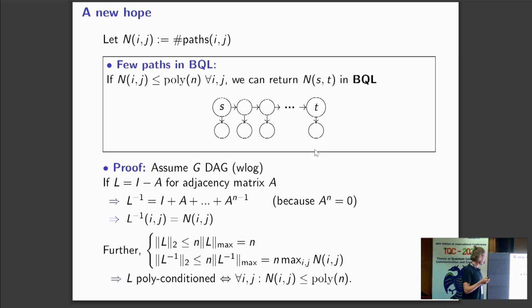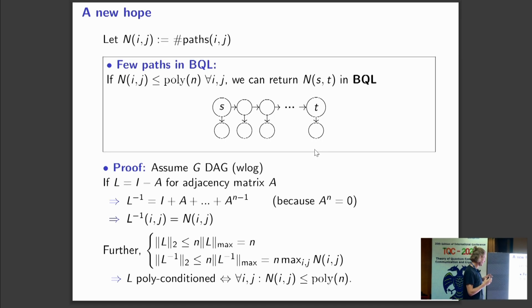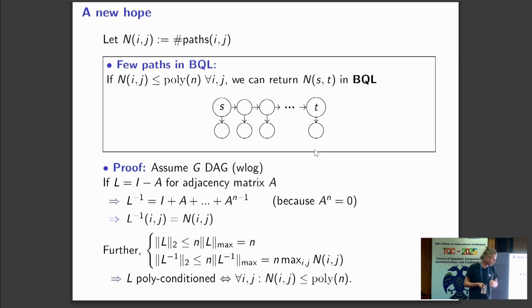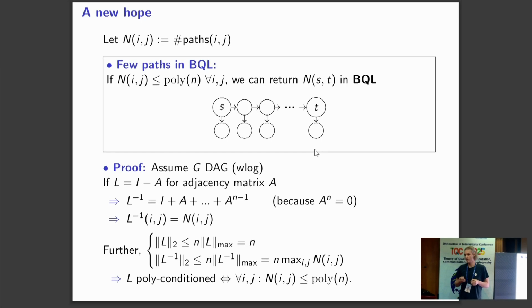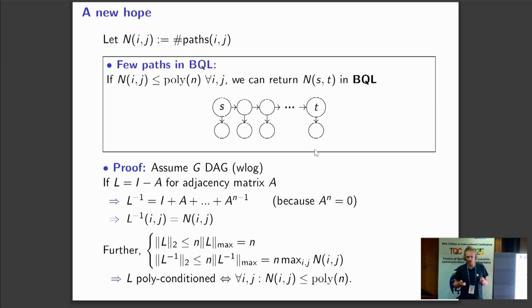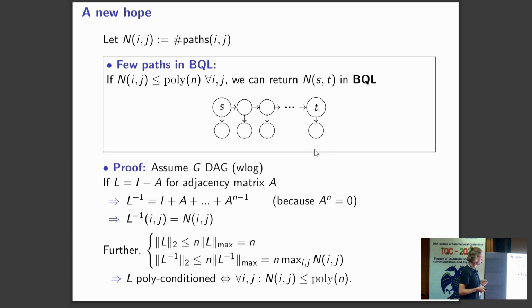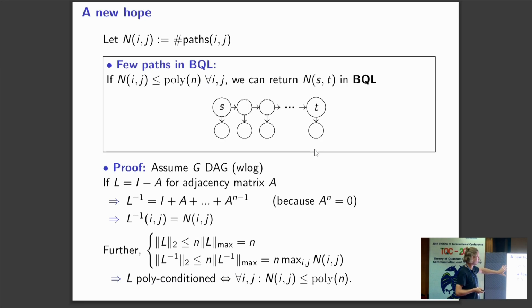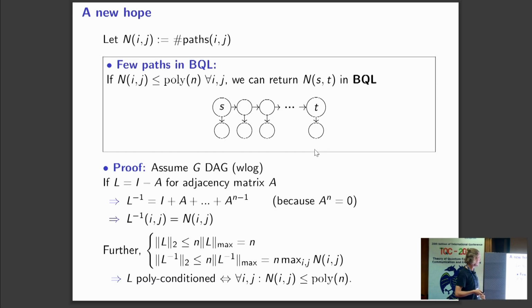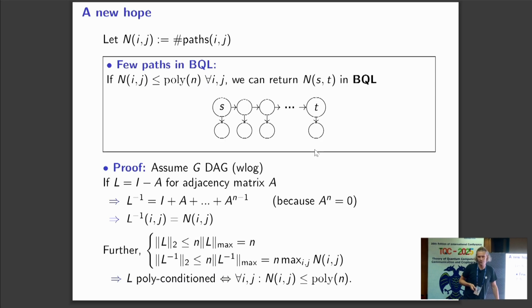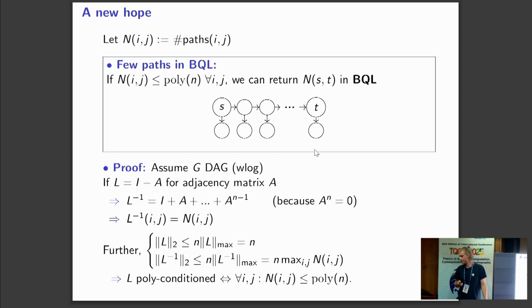So in particular, we see that this counting Laplacian is going to be polyconditioned if and only if the number of paths between any pair of vertices is polybounded. And that solves this problem, right? Because then that means that we can just solve a polyconditioned matrix inversion on that matrix L.